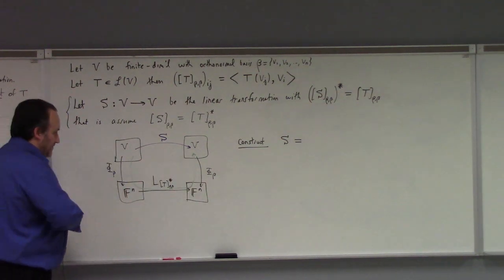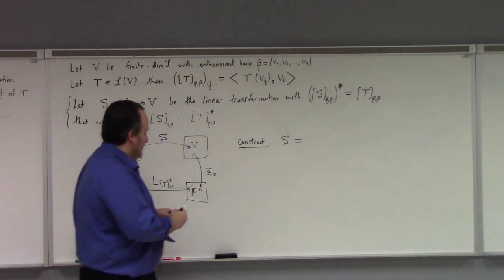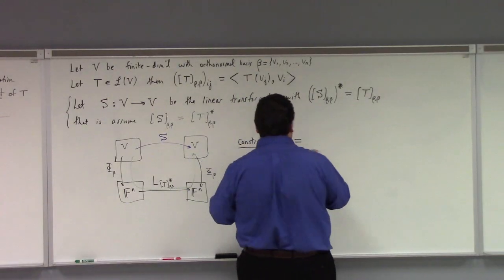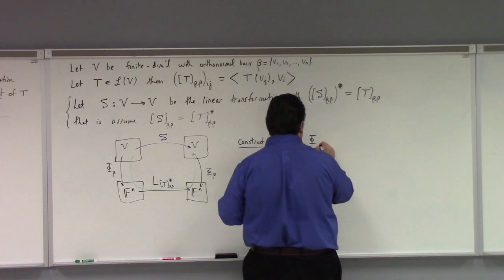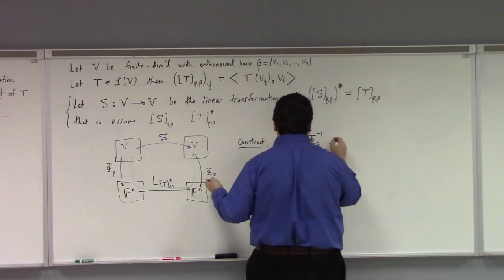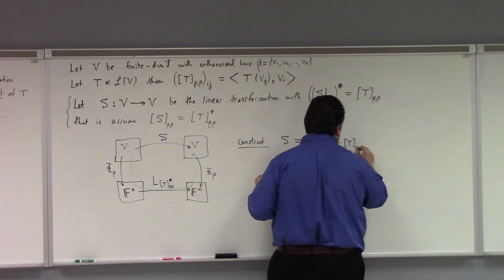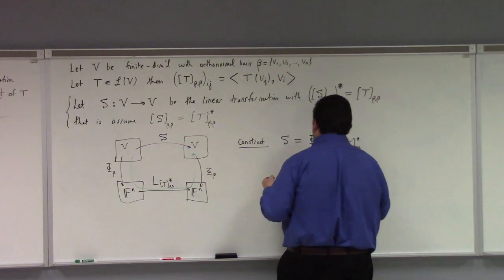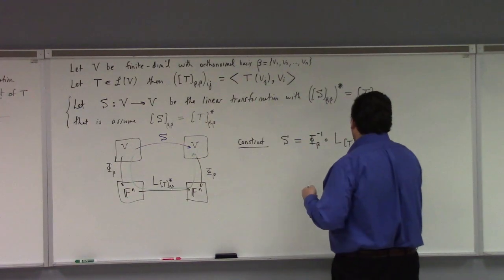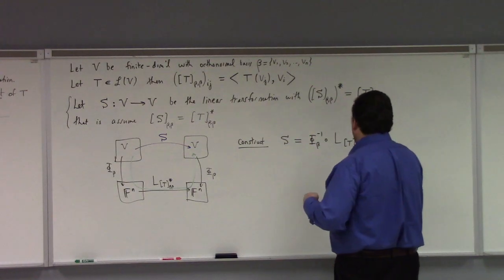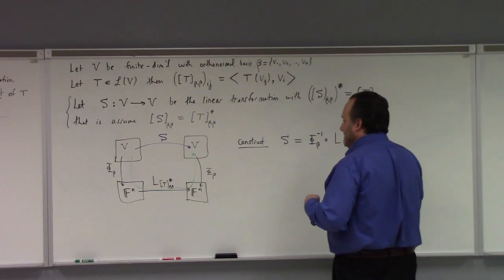Just like this. The last shall be first. So we've got phi beta inverse composed with left multiplication by T beta beta Hermitian conjugate, and then composed with phi beta.